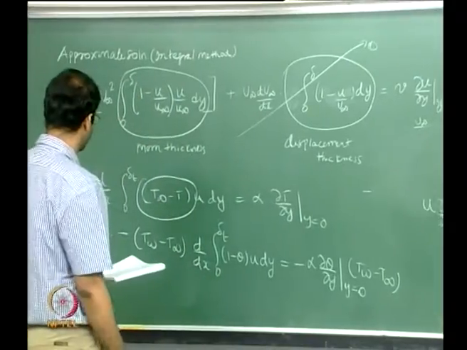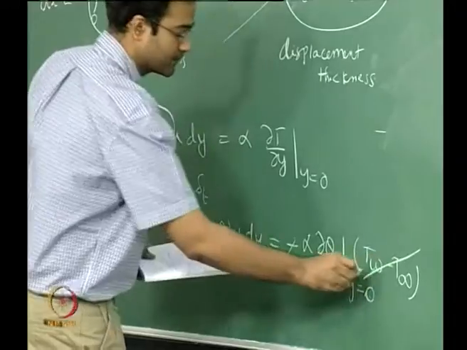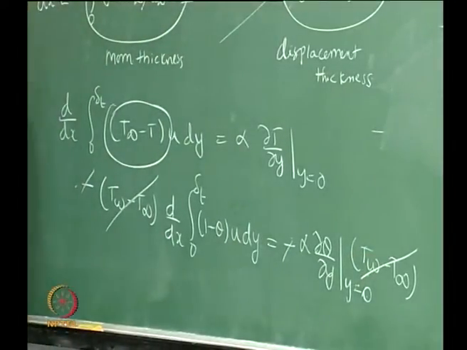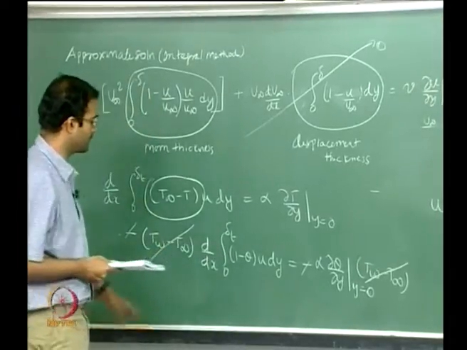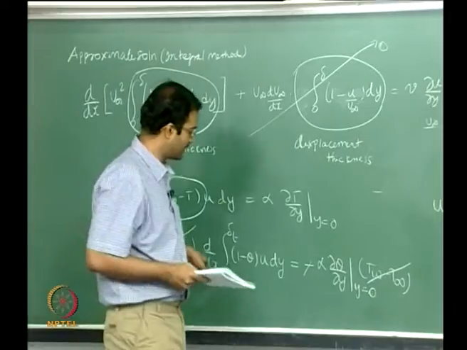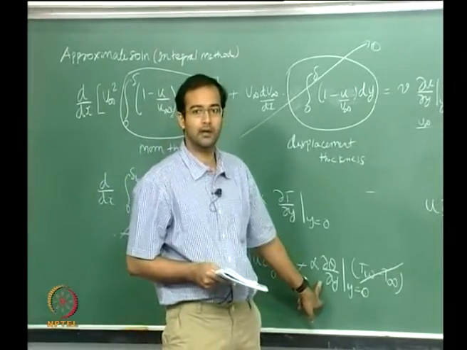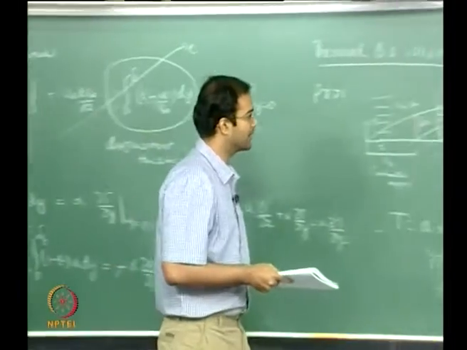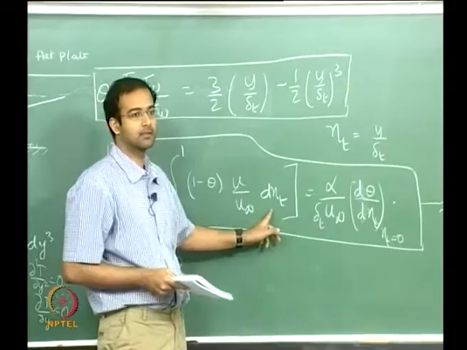So I think now this cancels. So now the rest of the things is I am multiplying and dividing by u infinity, and this is u by u infinity here, and the other u infinity I am taking to the denominator here. And I am transforming from y to eta t. That's all.